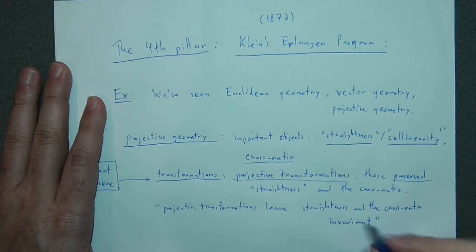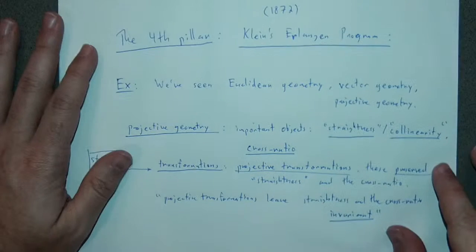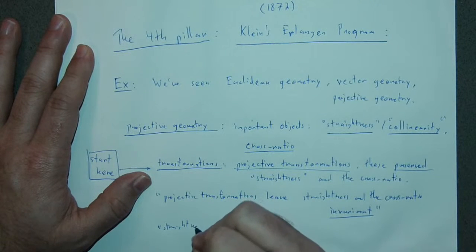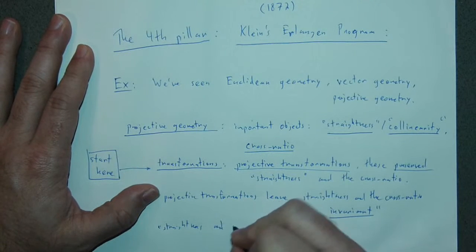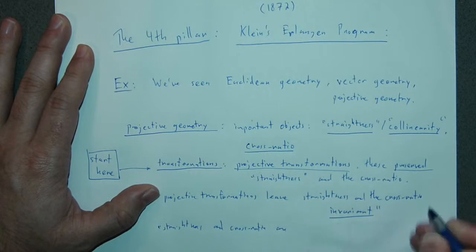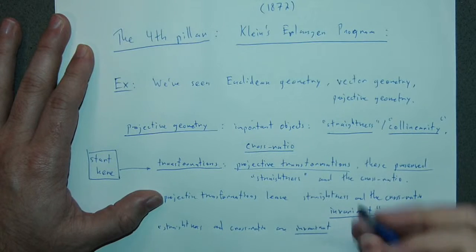That's what we mean when we say invariant. They leave these things invariant, unchanged. They preserve straightness and cross ratio. Another way of saying this is that straightness and cross ratio are invariant under projective transformations.